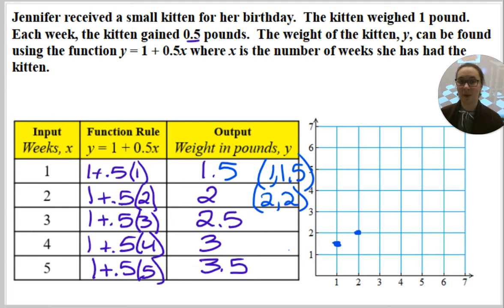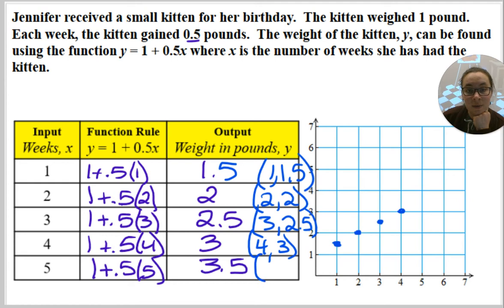As long as it's positive, you go to the right. Then we have (3, 2.5). Over 3, up 2.5. Bam. Over 4, up 3. And lastly, over 5, up 3.5.